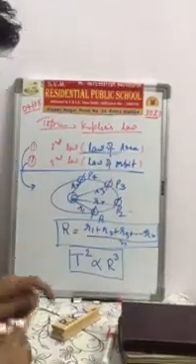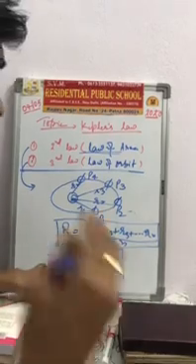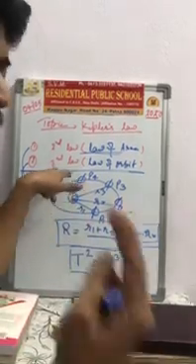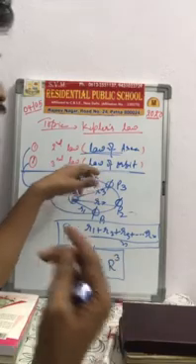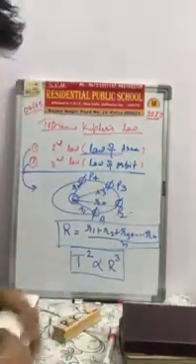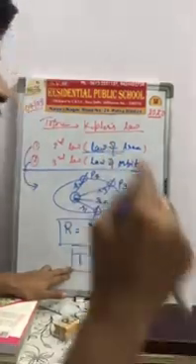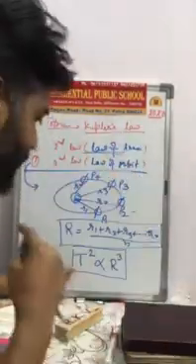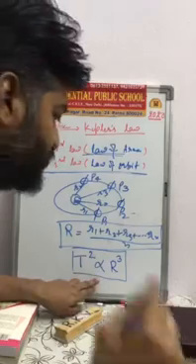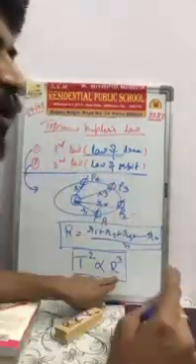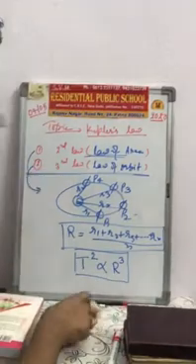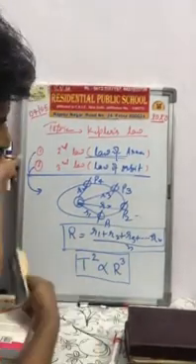Let's see again. According to Kepler's third law, or the law of orbit, the square of the time period of a planet on its orbit is directly proportional to the cube of the mean distance from the sun to that orbit. Clear?